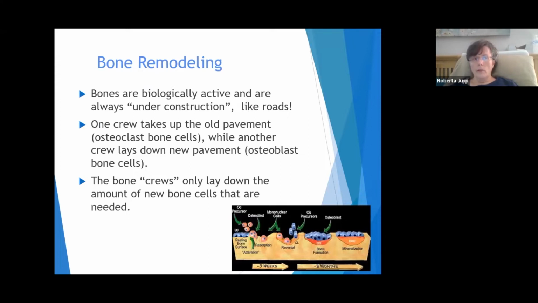So how do bones increase or decrease in density, and how does osteoporosis develop? Well, there are 2 good analogies. The first analogy is like a roadway. If you consider bones like a roadway, if you were going to design a road, or maybe even a driveway, and you knew that there were not going to be any very heavy vehicles on it and it would not be heavily traveled, you might not want to lay down quite as much asphalt or concrete because you don't need it.